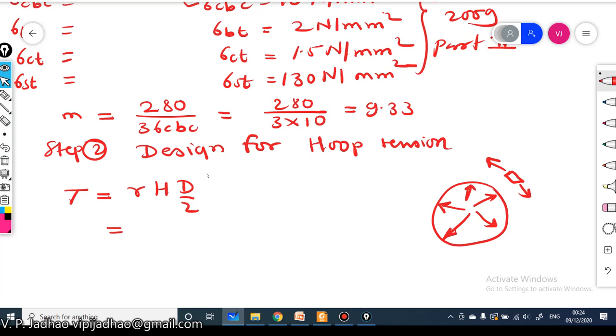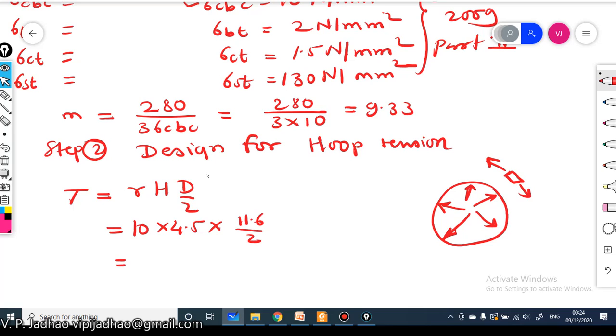Let us consider gamma as 10 kilonewton per meter cube. Then we have h as 4.5 meter and the diameter we have just calculated, that was 11.6, divided by 2.